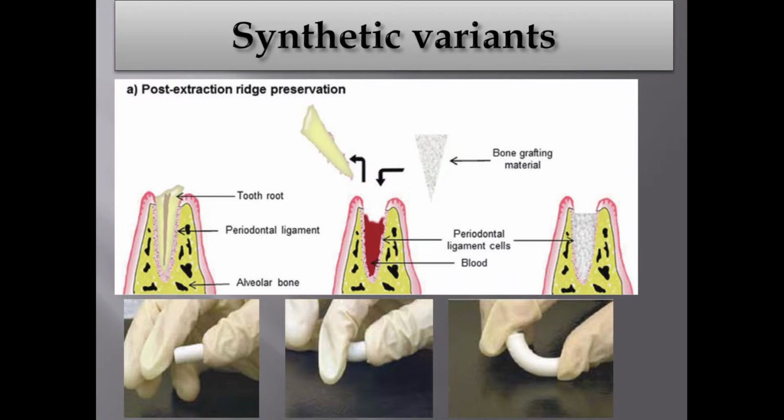It's a composite which has a mineral to organic matrix ratio approximating that of human bone. Artificial bone can be created from ceramics such as calcium phosphate, bioglass, and calcium sulfate, which is biologically active depending on solubility in the physiological environment.